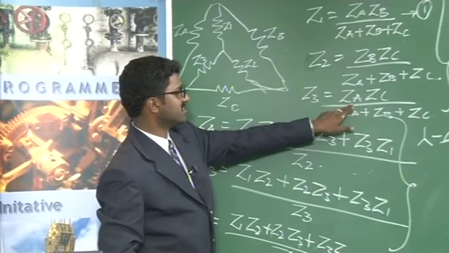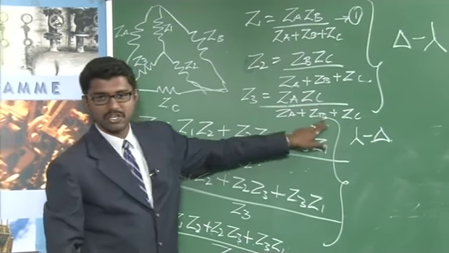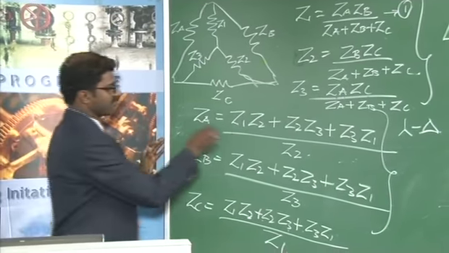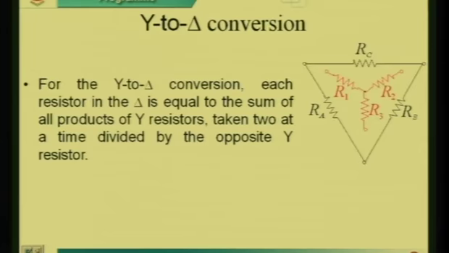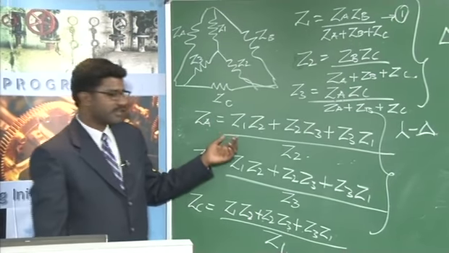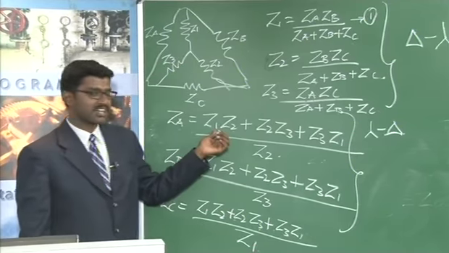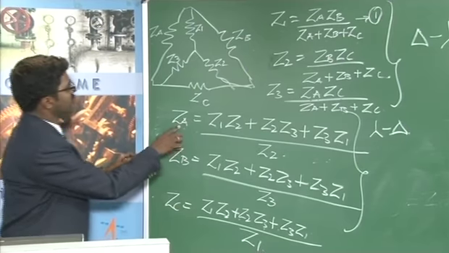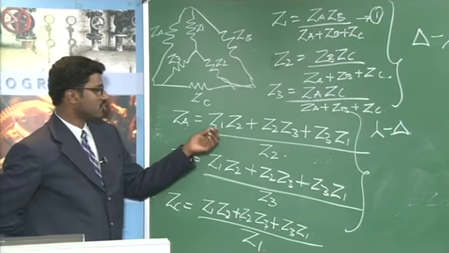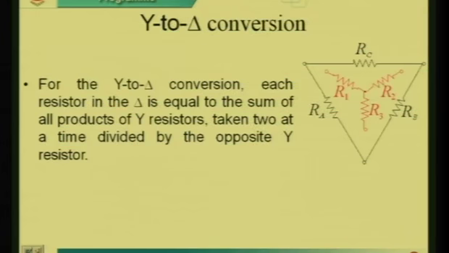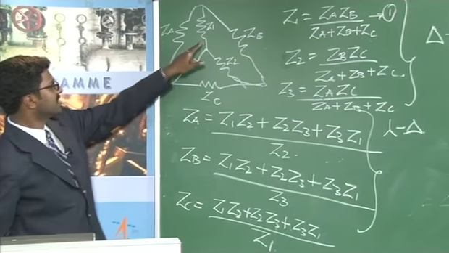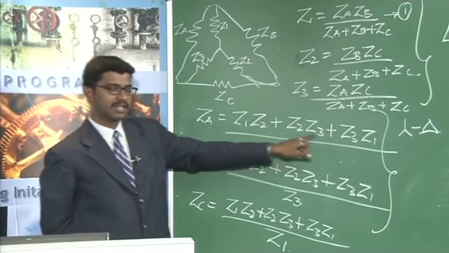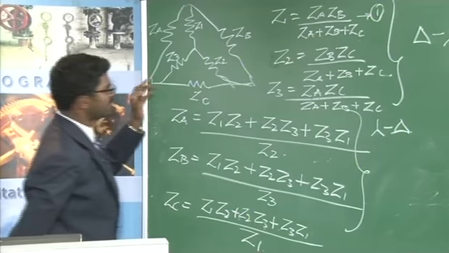Here the two adjacent branches are ZA and ZC, divided by the summation of all the resistors. Similarly, for star to delta, each delta resistor is equal to the sum of the products of the star resistors taken two at a time divided by the opposite resistor. That is, if you want to find out ZA, it will be Z1 into Z2 plus Z2 into Z3 plus Z3 into Z1, divided by the opposite resistance.